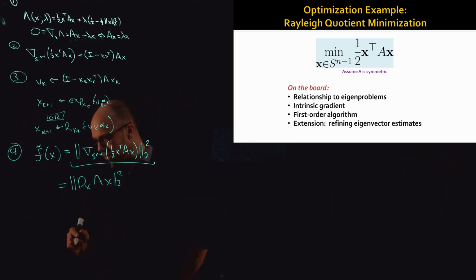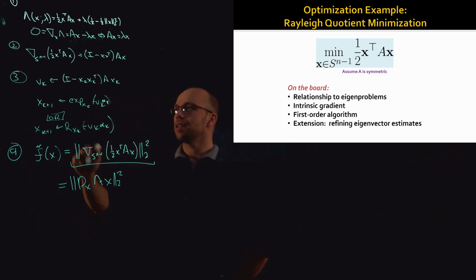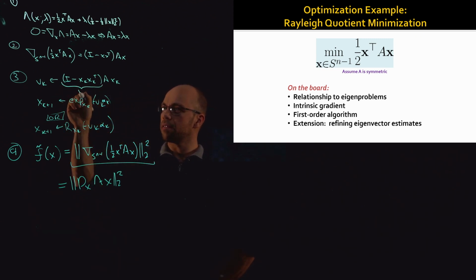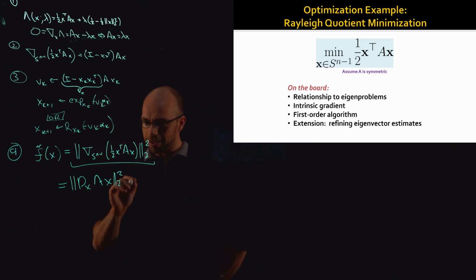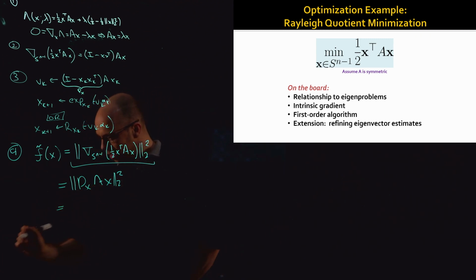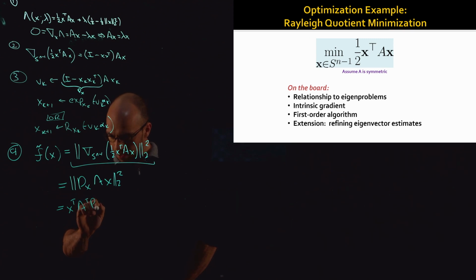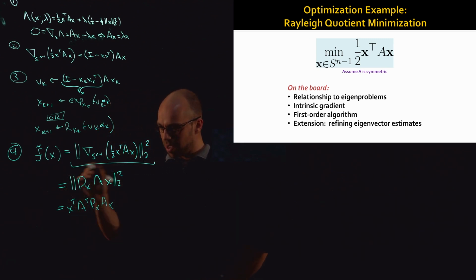Remember that the projection is just this matrix here, P_x. So when I plug that in and turn the crank a little bit, what I get is x transpose A transpose P_x Ax. That's just by expanding the square here.